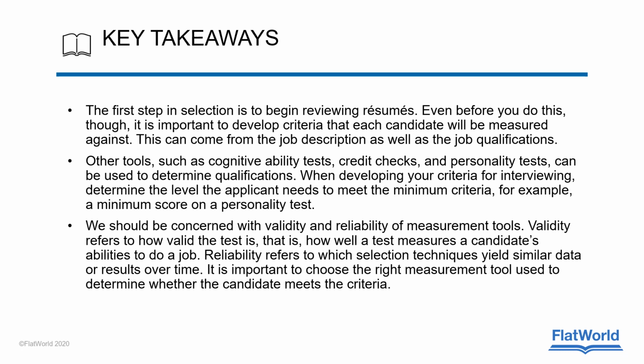And then you need to also consider the validity and reliability of your measurement tools. Validity refers to how valid the test is. Reliability refers to which selection techniques yield similar data or results over time.